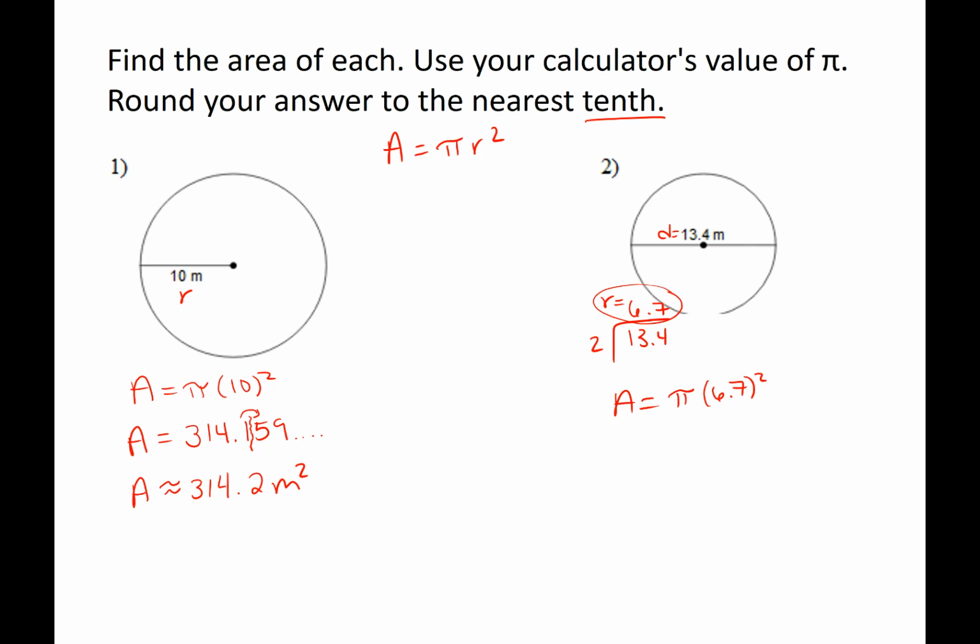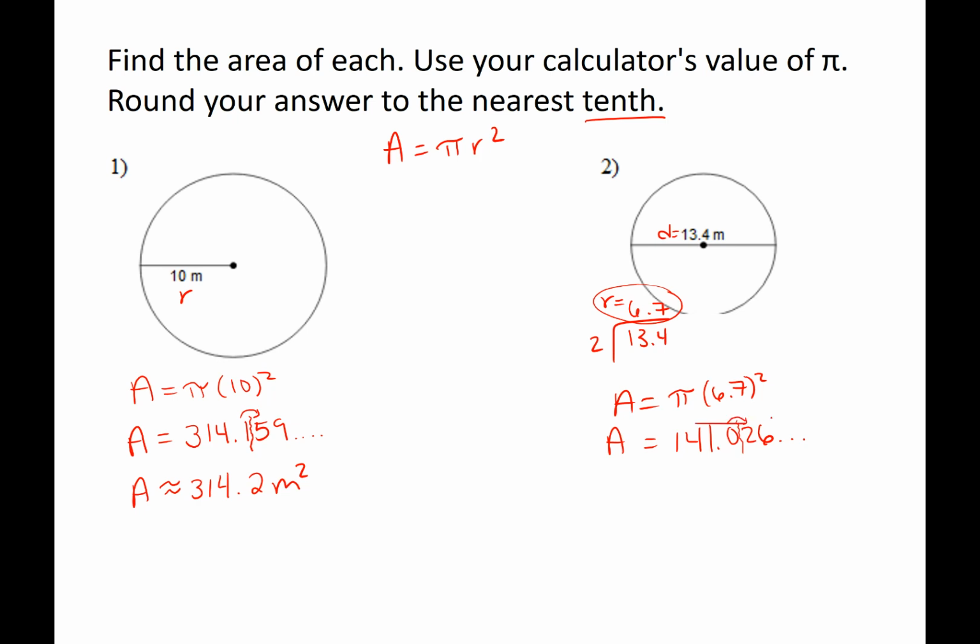And let me just plug that in quickly to my calculator, which I can't seem to find pi. Oh, there it is. And I get 141.026 and continuing. And again, round to the nearest tenth. So we're looking to cut it off right there.